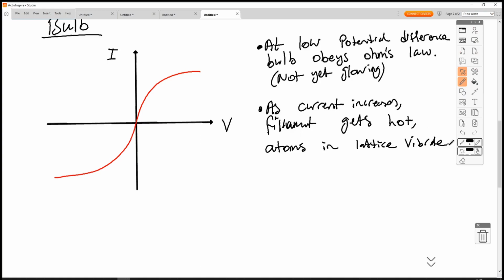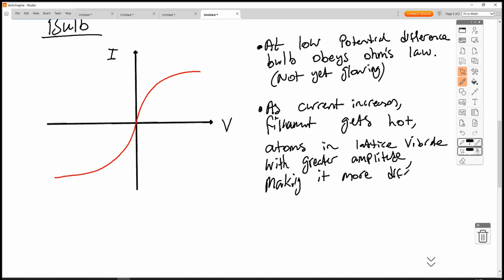So atoms in the lattice vibrate with greater amplitude, making it more difficult for free electrons to flow.